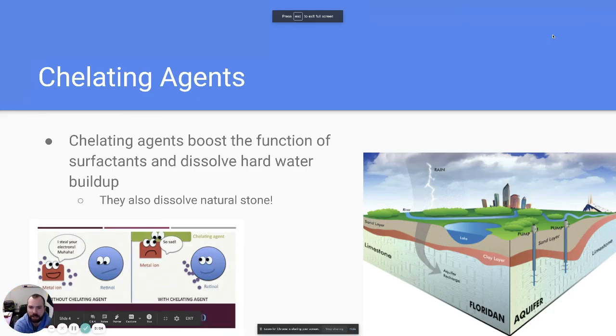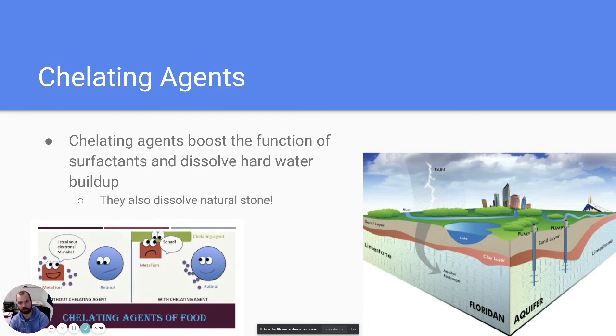Chelating agents. Chelating agents boost the function of the surfactants in our cleaning products, and they dissolve hard water buildup. You can think of them as little microscopic thieves. They're suspended in our cleaning solution. There's millions of them in there, and when you spray it on something like hard water buildup, they are attracted to that hard water, which is made up largely of calcium.